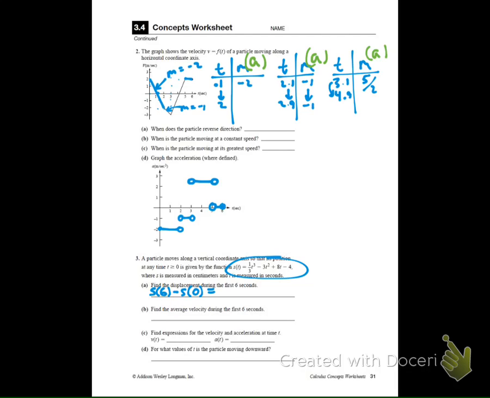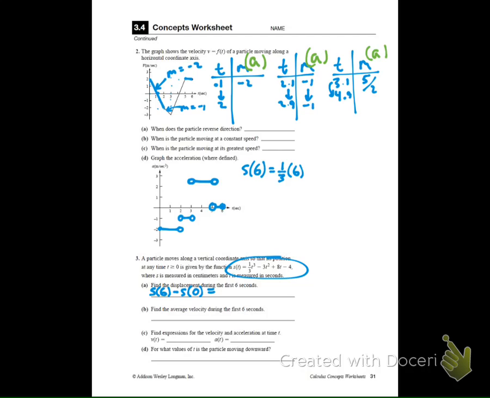Okay, well, once you write that down, once you interpret what that means, then you can just figure out what s of 6 happens to be. And I'll use this big space up here. Okay, s of 6 is equal to, and we can see that we just replace t with 6 in the position function, because that's what the position function tells us.